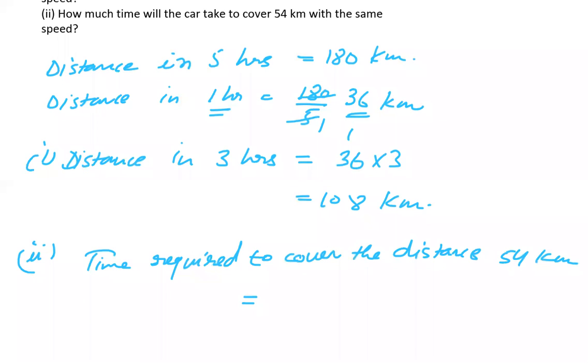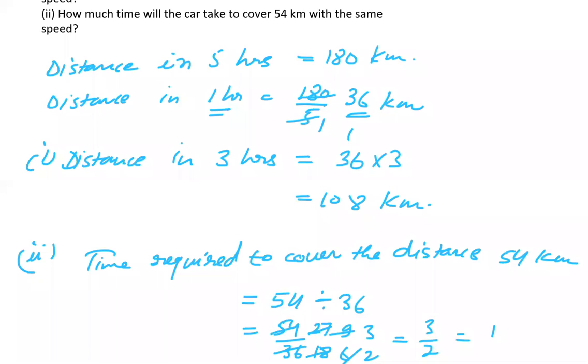So if you have to go 54 kilometers, then divide 54 by 36. 54 by 36 is 3 upon 2, which means 1.5 hours. So 1.5 hours are required to cover the distance of 54 kilometers.